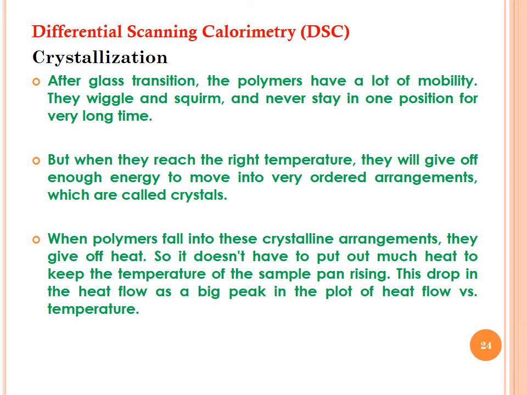In the amorphous state, there is no ordered arrangement, while in a crystal there is an ordered arrangement of all the atoms. When the polymer falls into these crystalline arrangements, they give off heat, so the instrument does not have to put out much heat to keep the temperature of the sample pan rising. This drop in heat flow appears as a big peak in the plot of heat flow versus temperature.